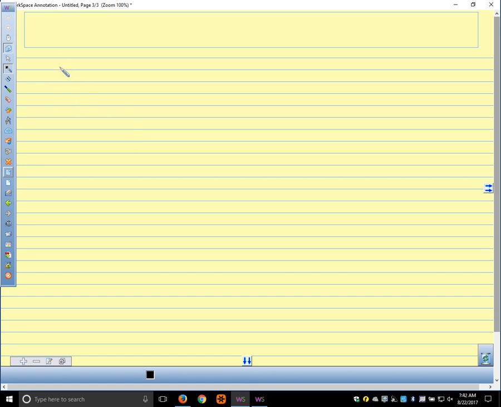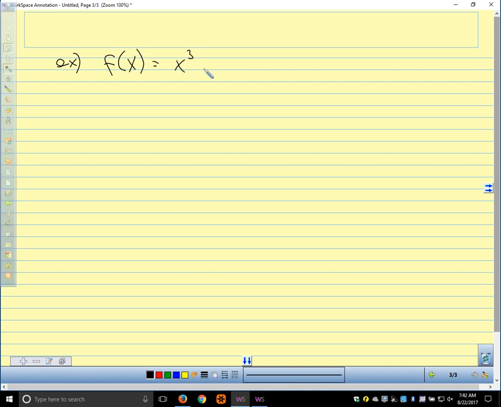So let's say we have f of x equals x to the third minus 2x minus 5 equals 0. So we want to approximate the root with 3 iterations of Newton's method.